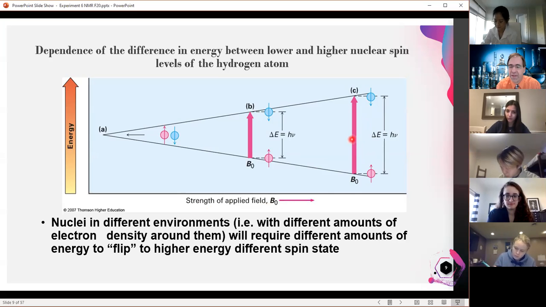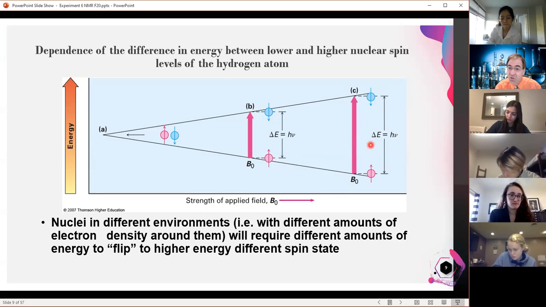The problem is they get really expensive. And so sometimes we have to compromise and say, well, I can't quite afford one of those because they are like $1 million or more. And so you can look at different things. So the stronger the magnetic field, the greater the difference in energy to cause it to flip, because you're essentially saying how much energy to push against that magnetic field.